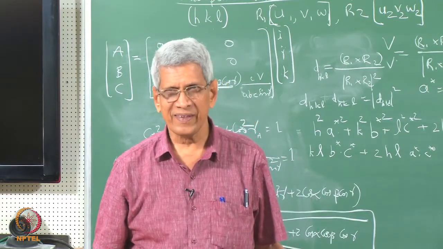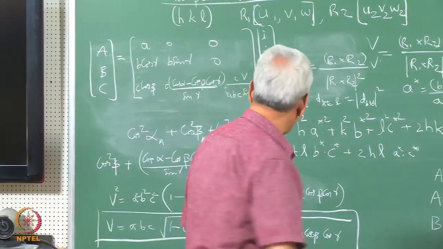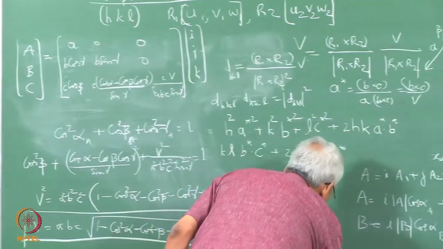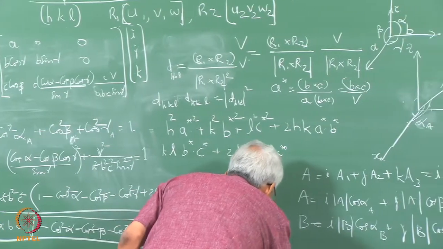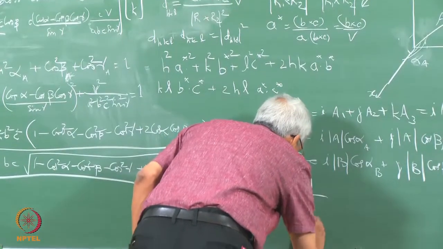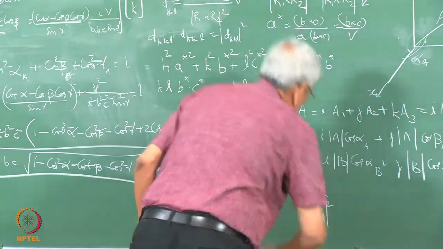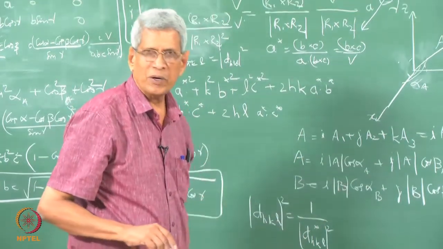Or, as I mentioned, if we use the reciprocal lattice vector concept, then d_hkl the whole squared equals 1 by d_hkl star the whole squared. This expression also we have written.